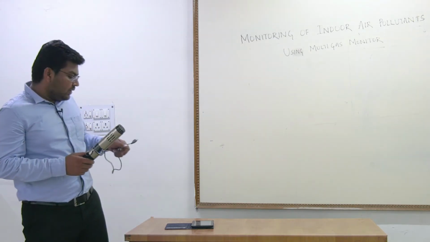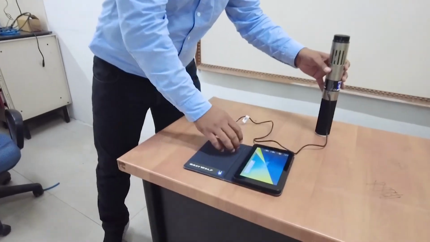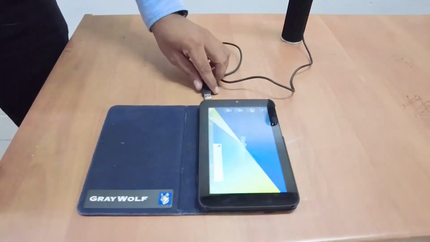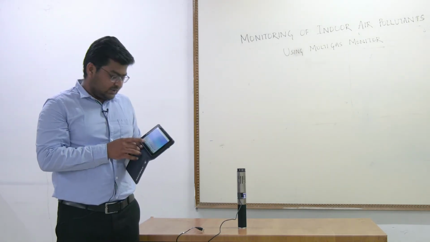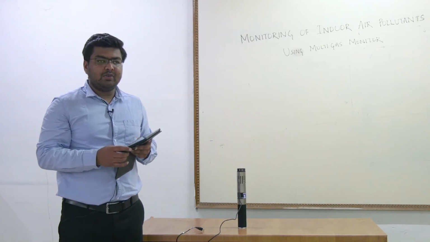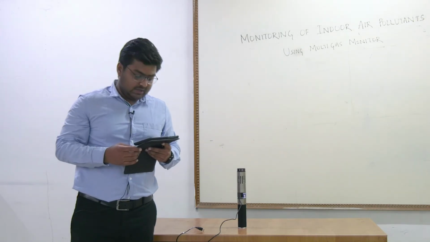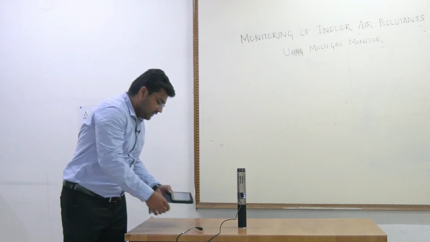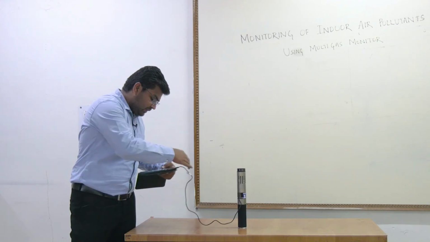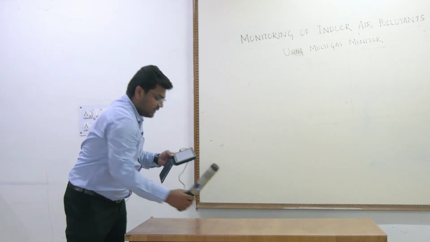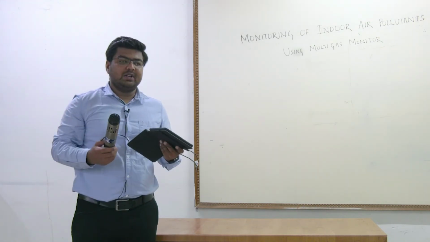So this probe is attached to this tablet. A software is installed in this tablet, from which we are able to monitor the indoor air pollutants at various locations. We simply need to attach this probe to the tablet and place it at any location.